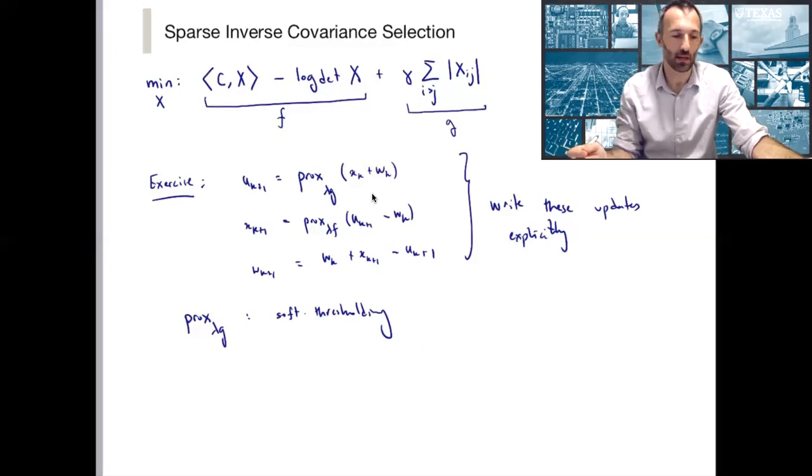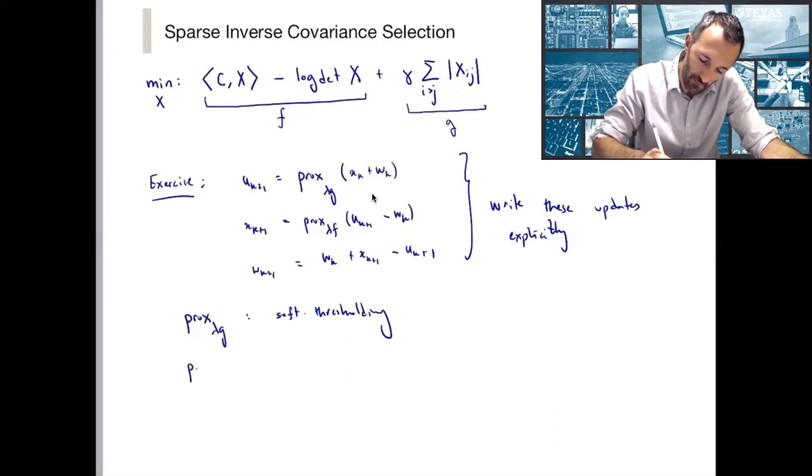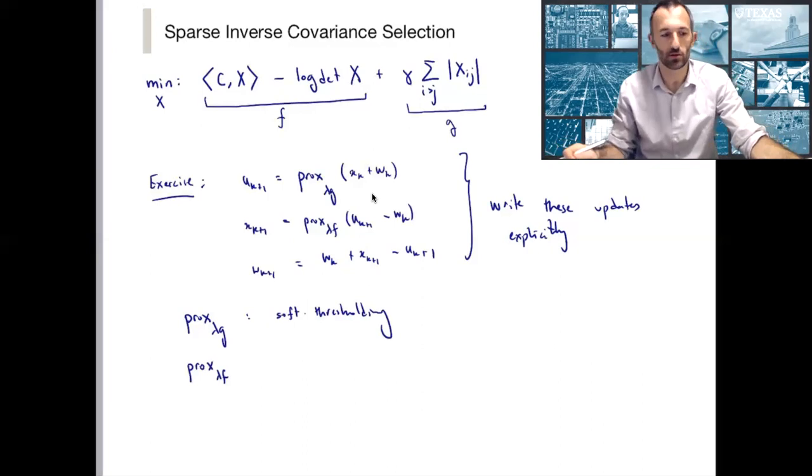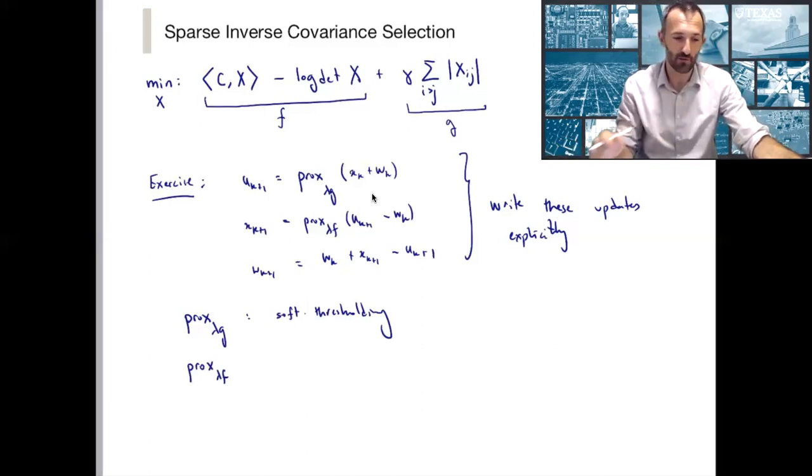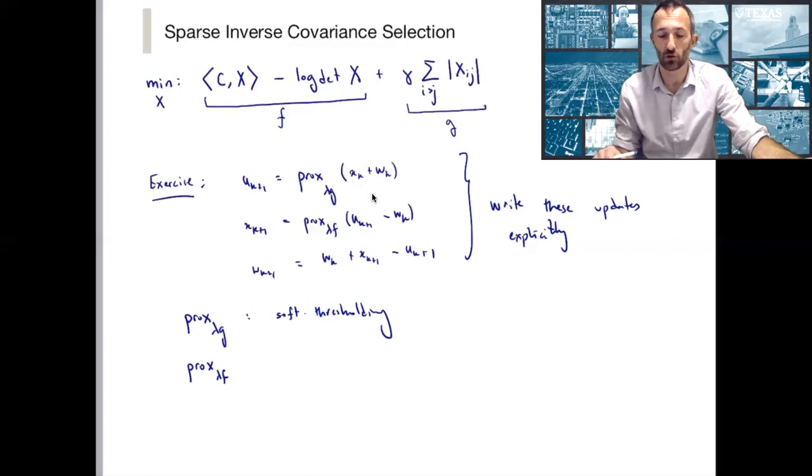Perhaps this takes a little bit more thought. So let me just get you started a little bit here. For prox_{λf}, I need to compute the argmin of f(x) plus an L2 term. L2, because we're in a matrix, is really going to be the Frobenius norm squared.